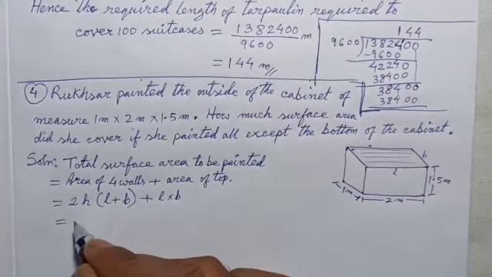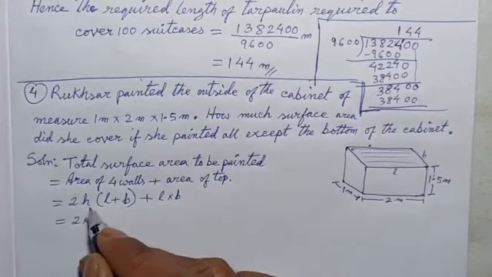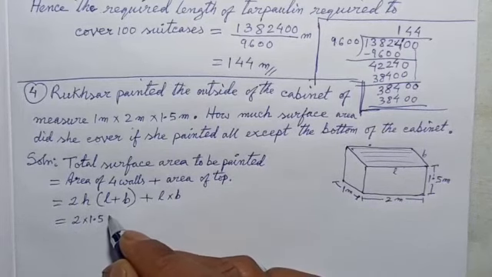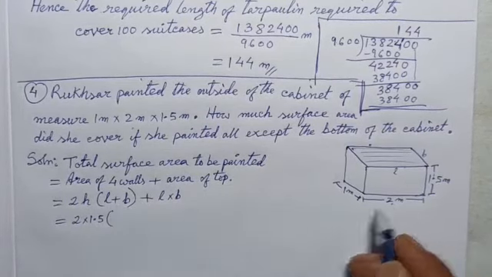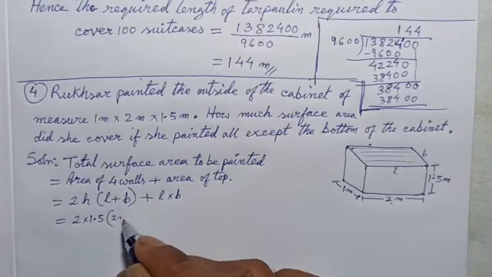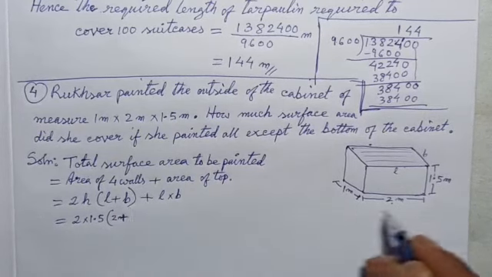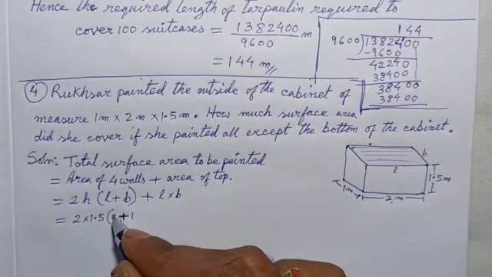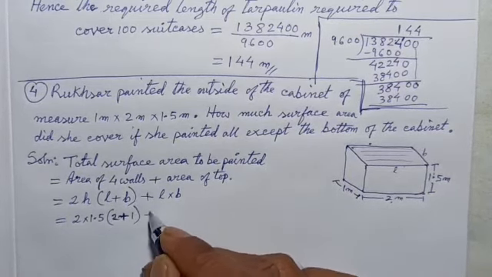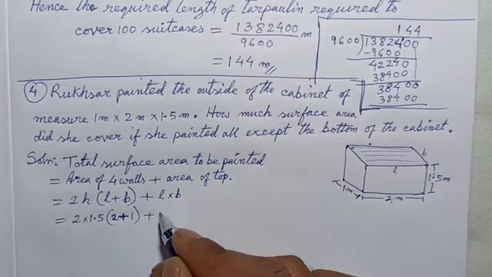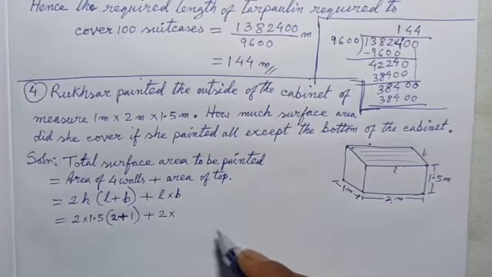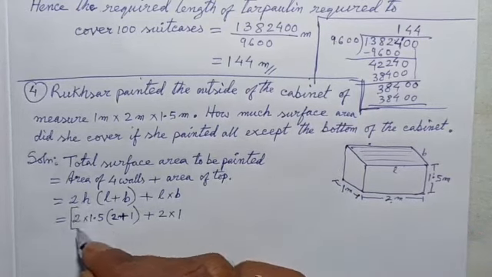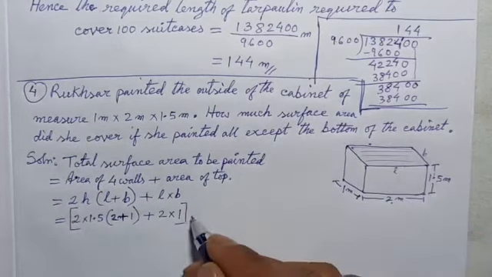So 2 times of height is 1.5, length is 2 meter plus breadth is 1 meter, plus length is 2 into breadth is 1, and this unit must be meter into meter, that is meter square.